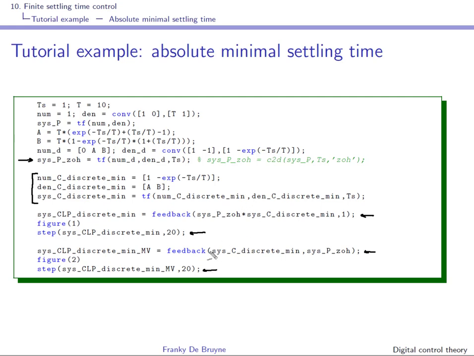We're working in Matlab, so we'll see the step responses at the sampling instance. And here, as I've mentioned, it will probably be a good idea to also look at the intersample behavior, to have a look at the design but simulated using Simulink.